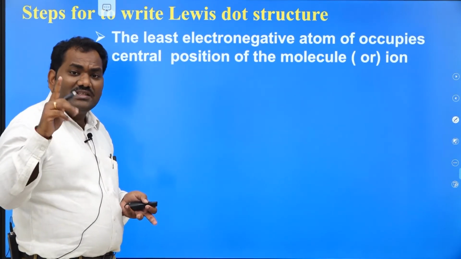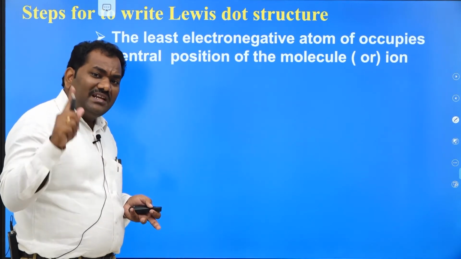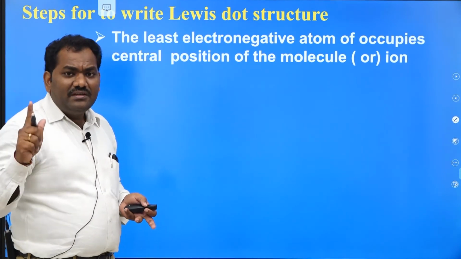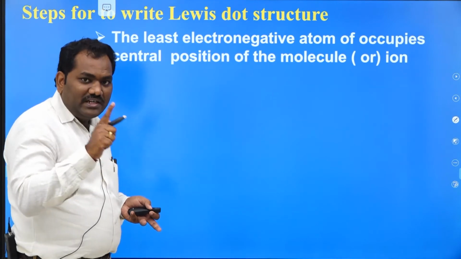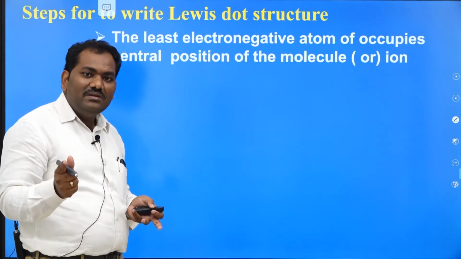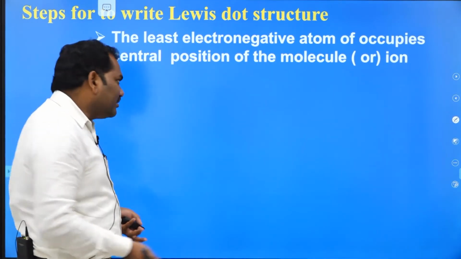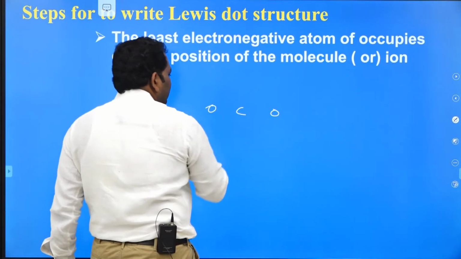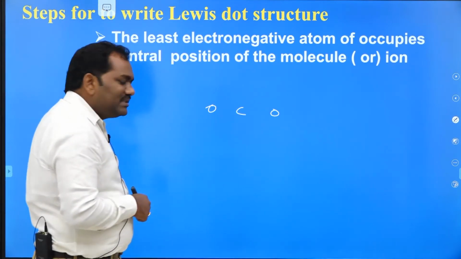That central atom is the atom with the lowest electronegativity. For example, in PCl5, phosphorus is the central atom. In CO2, carbon is the central atom, and then we can write the structure like this. Why? Because carbon is less electronegative than the two oxygens.